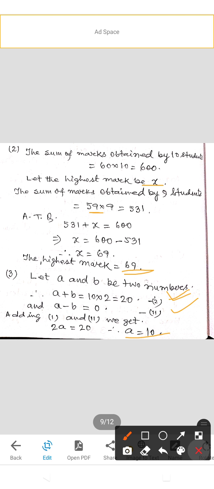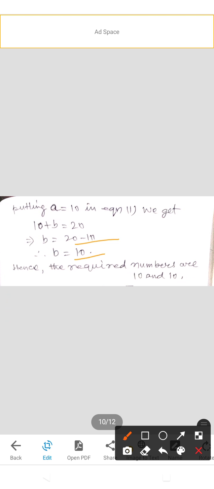Question number 3. The mean of two numbers is 10 and their difference is 0. Find the numbers. Let a and b be the two numbers. Therefore a plus b equals 10 multiplied by 2, equal to 20, and their difference, a minus b, equals 0.